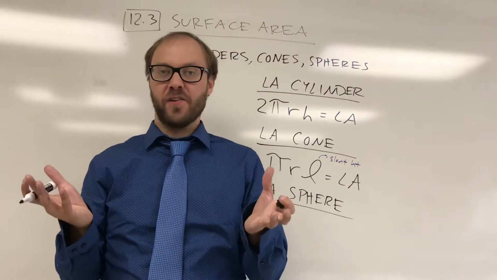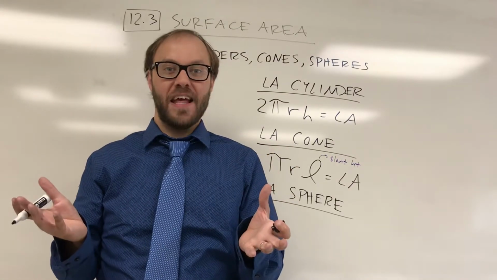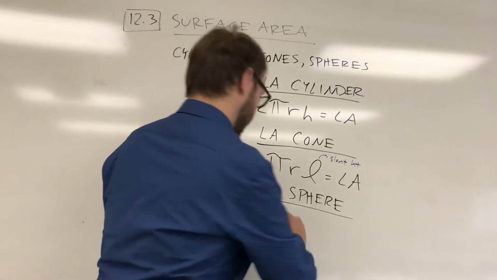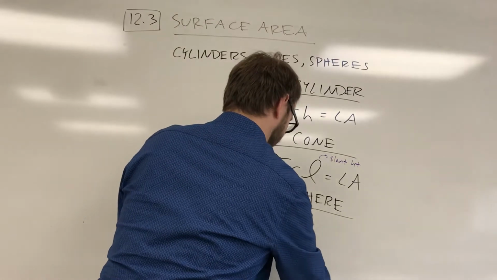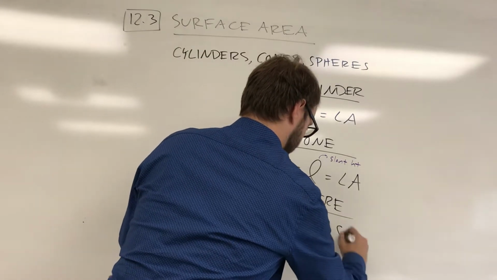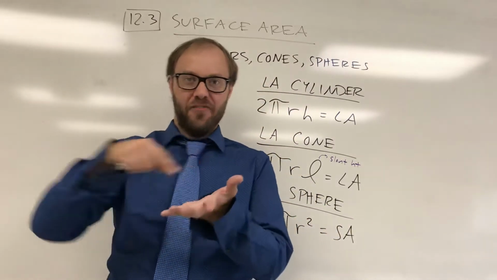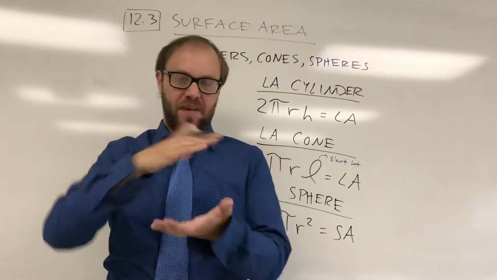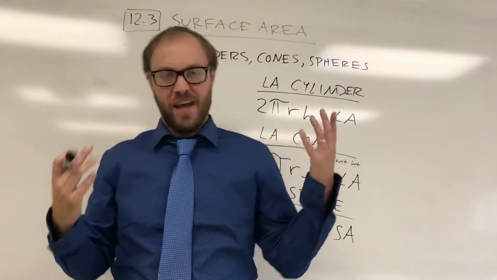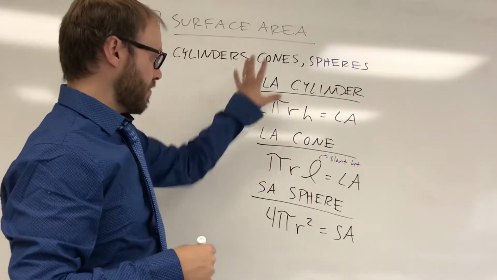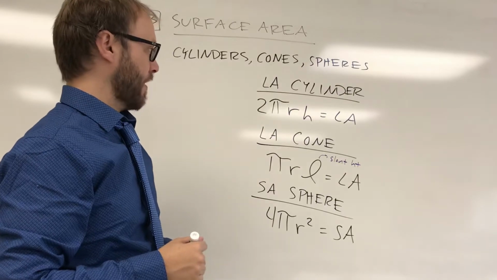Remember, the area of a circle is pi r squared. The surface area of a sphere is 4 pi r squared, okay? It's just 4 times the area of one of the circles if you sliced your sphere open, which is kind of interesting. So those are the 4 big formulas that we need to know, all right?